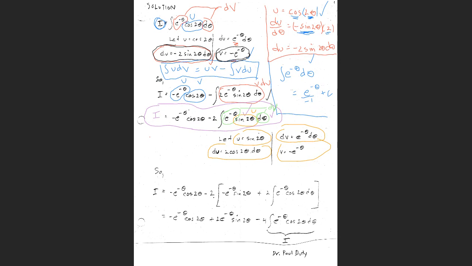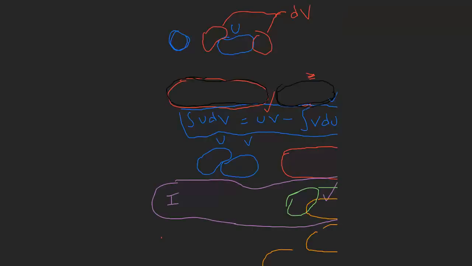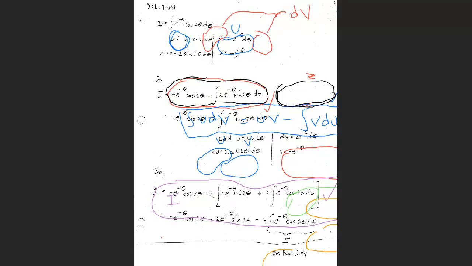You have v times u, this part here, minus the integral of v du, and that is correct.